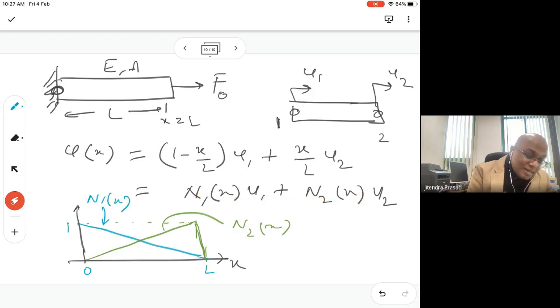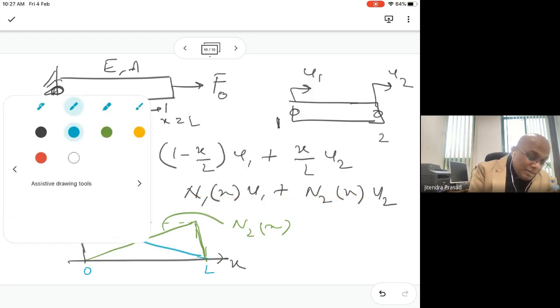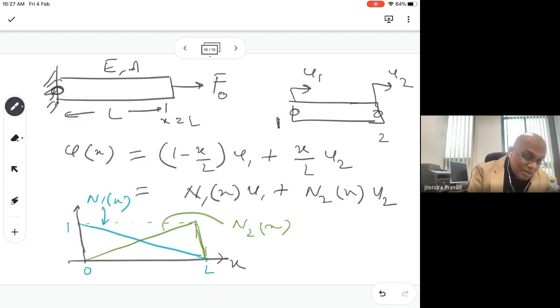So you can see the value, whatever we wrote here, if you put x equal to 0, what happens? You can check it. u(0) is equal to, you put 1 minus 0 over L times u1, so this becomes 1 times u1, plus, you put 0 here and this is gone, so u(0) equals u1.